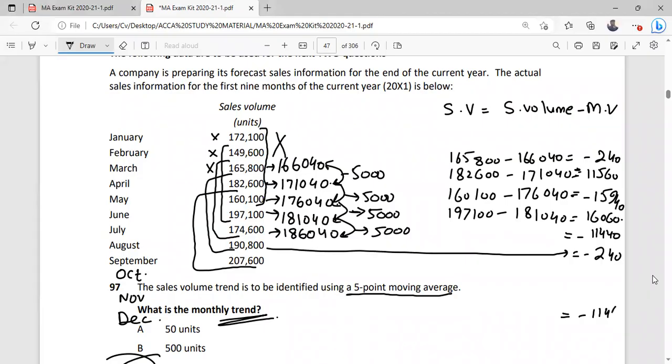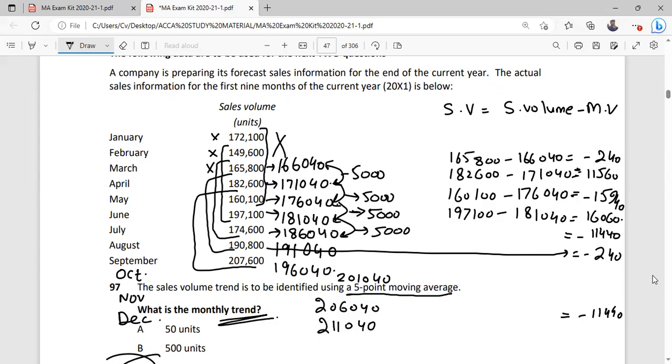And by using this moving average, we can assume that it is rising by 5,000. It means the next value will be 191,040, then 196,040. Then in October, it is 201,040. In November, it is 206,040. And then it is 211,040.